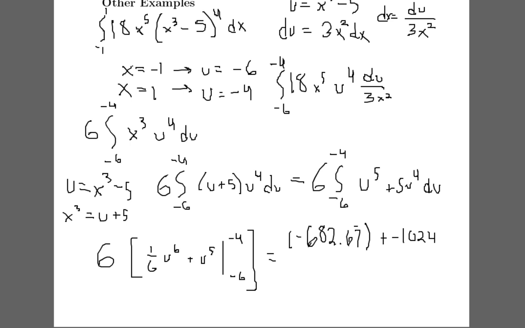Well, so that's our big F of B, and we'll subtract our big F of A, which is going to be -6. Let's see, 6 times -6 to the 6th. Or no, it's 1/6.